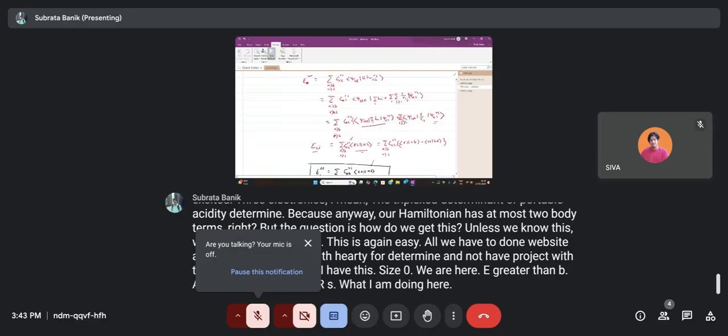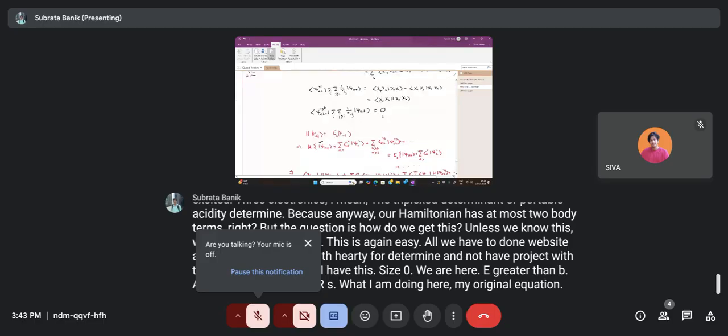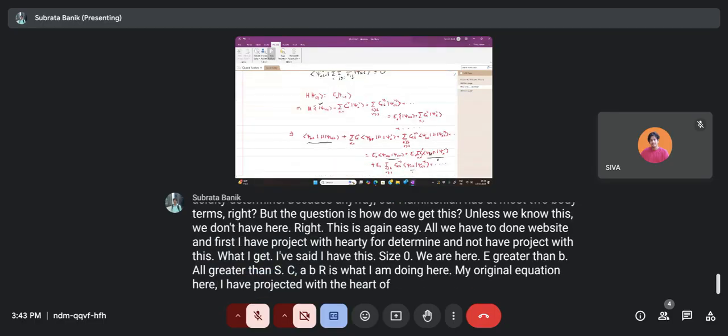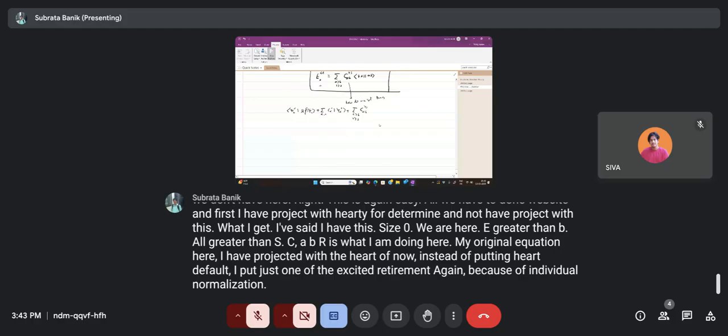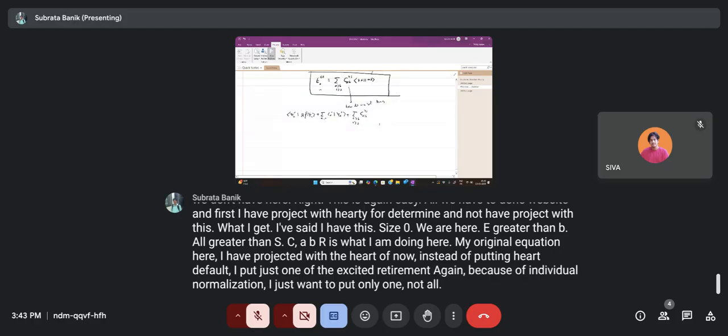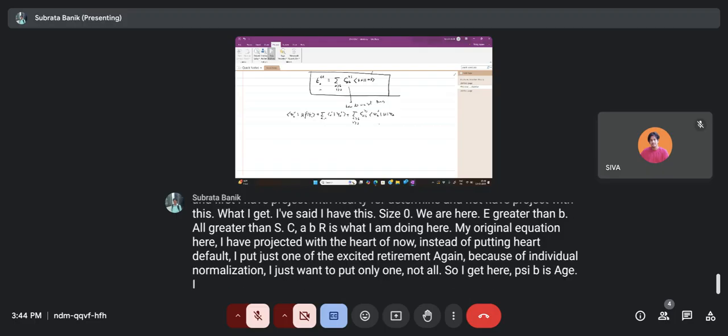What I am doing here, my original equation, here I have projected with the Hartree-Fock. Now instead of putting Hartree-Fock, I'll put just one of the excited determinants. Again, because of intermediate normalization, I just want to put only one, not all. So I get here psi B S, H, psi A R. I'm sorry, what did I do? Just lost my train.